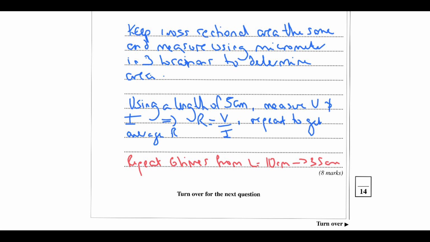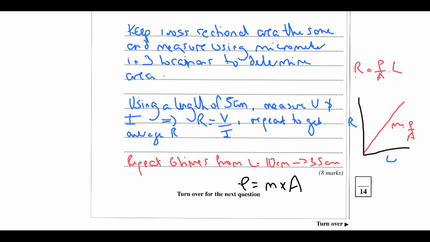You're going to plot a graph of length with resistance, and it should look something like this, the gradient of which is resistivity divided by the area. Final step, to get resistivity, you take the gradient and multiply it by the area, which we've already determined, and that gives the resistivity.